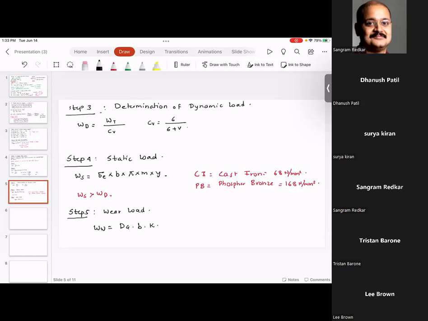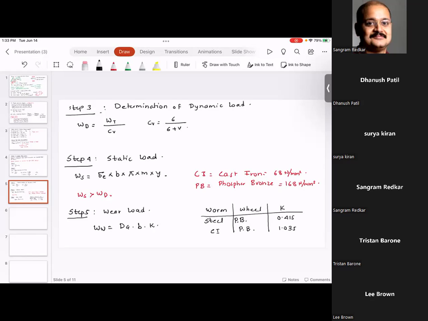So if you look at the worm and the wheel and K: if you have a steel worm and a phosphor bronze wheel, it will be 0.415. If you have a cast iron worm and a phosphor bronze wheel, it is 1.035.